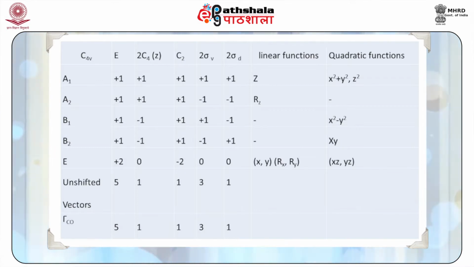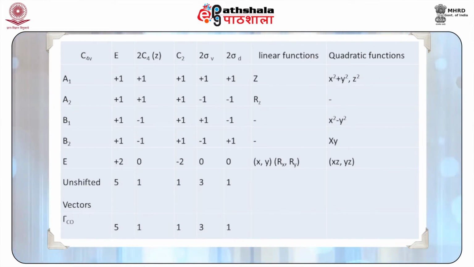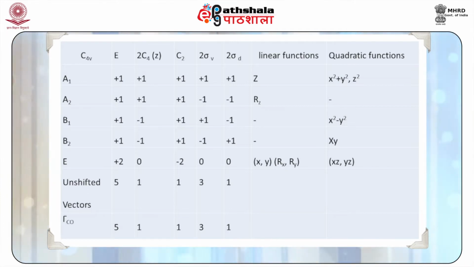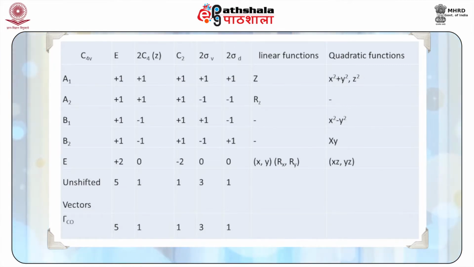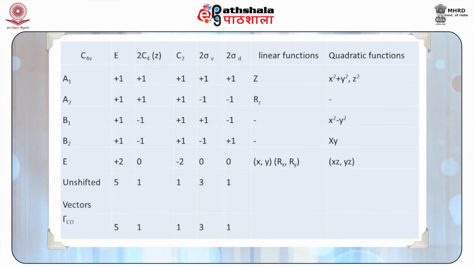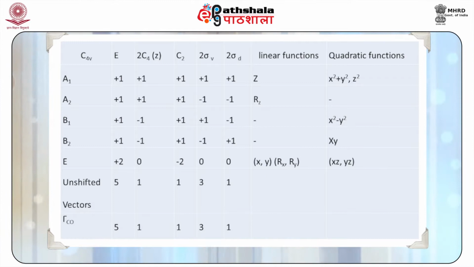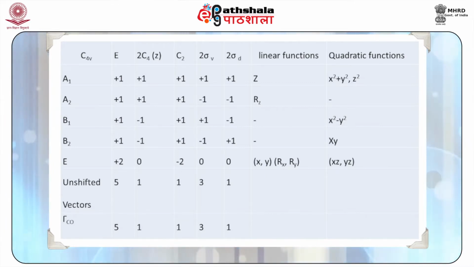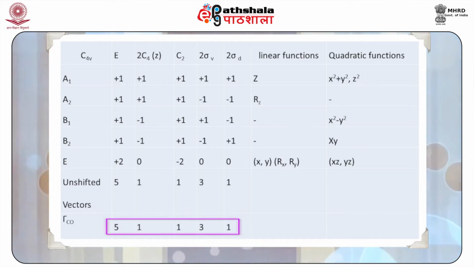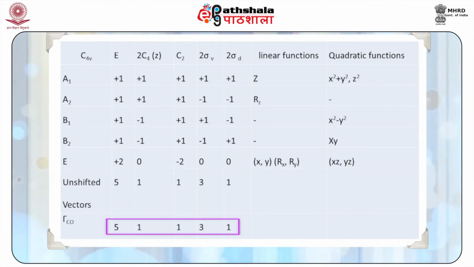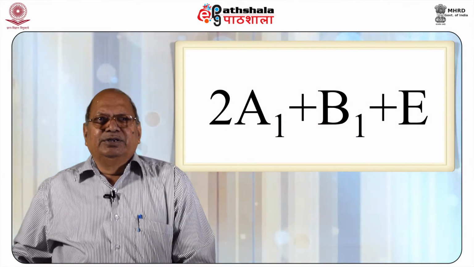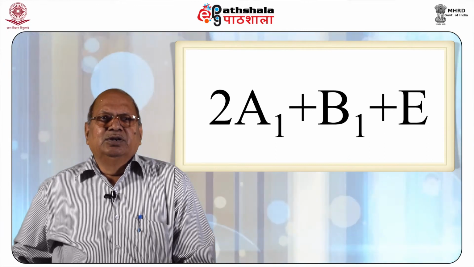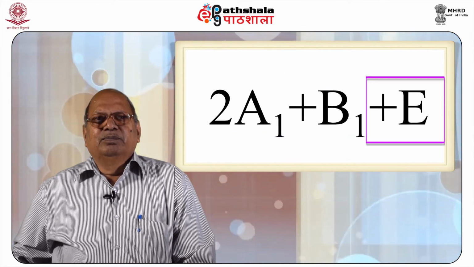Under sigma v, 3 bond vectors are not shifted, and under sigma d, again 3 bond vectors are not shifted, meaning 1 axial Fe-CO and 2 horizontal Fe-CO bonds. Now the character for Γ(CO) is 5, 1, 1, 3, 3, and this can be reduced, using the C4v character table, to 2A1 plus B1 plus E modes.